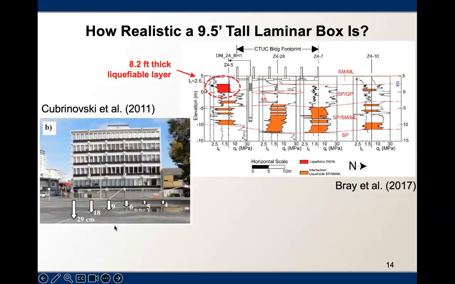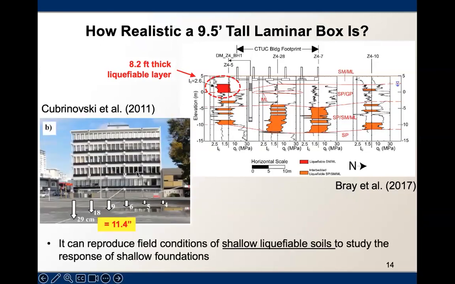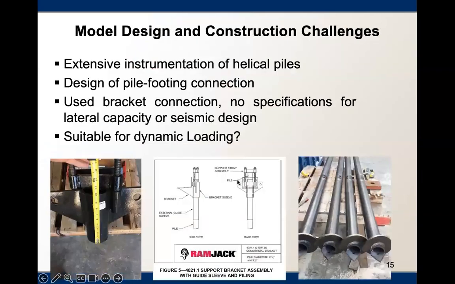And this is the picture of that building, and again, very comparable number to my previous slide, 11 inches of settlement caused by liquefaction. So that box is studying shallow liquefiable soils. It's a very good fit to use for that purpose.